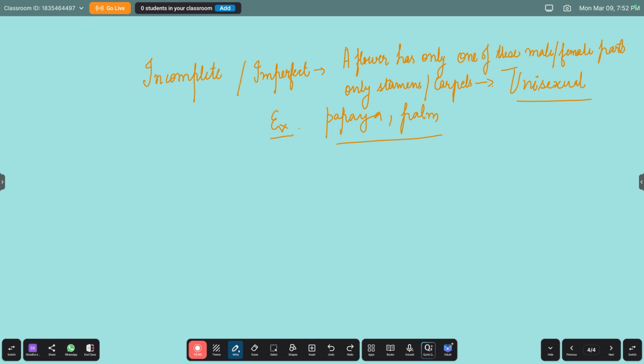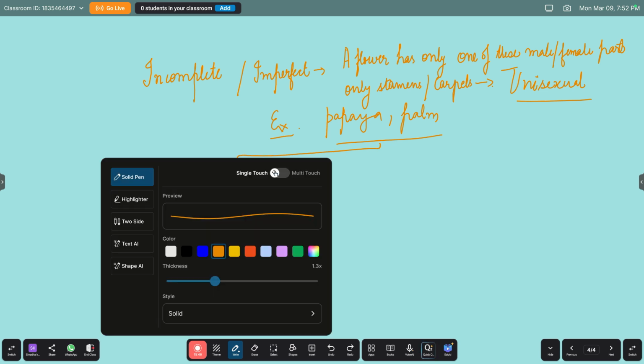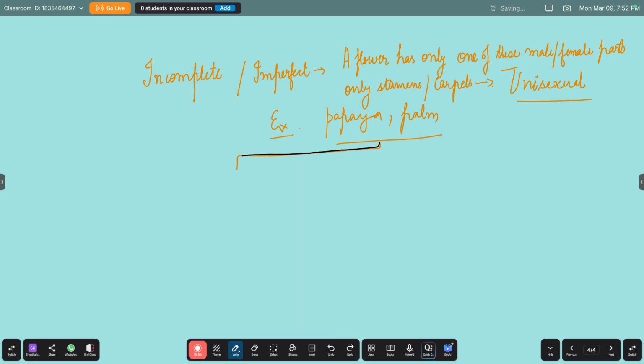In other words, incomplete, unisexual flowers we divide into two parts. If they consist of only stamens, it will be called a staminate flower.